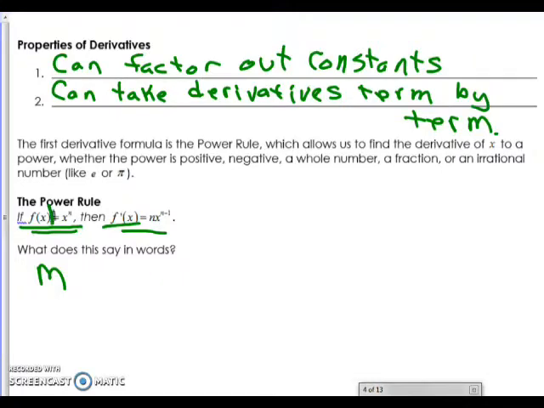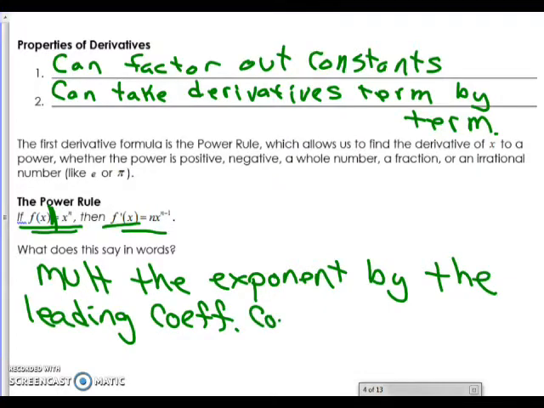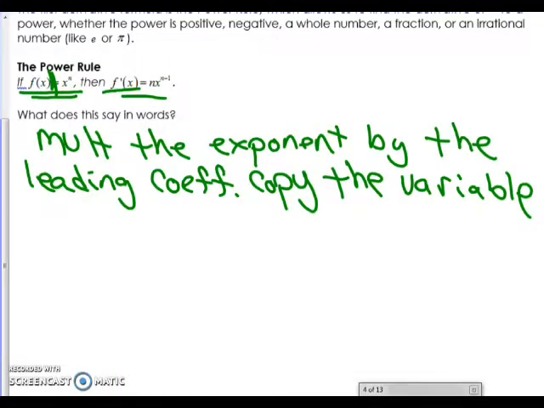In this first example, remember that leading coefficient there was a 1. Then you're going to copy the variable.